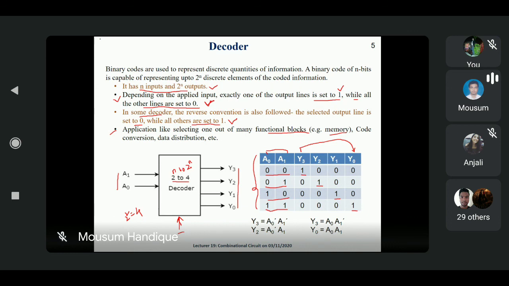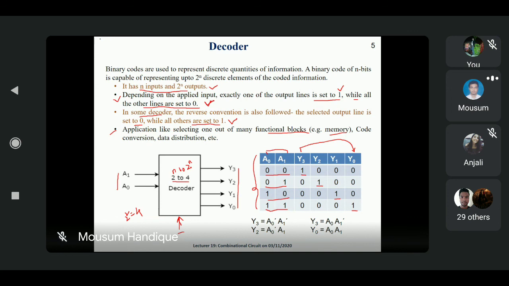When we are implementing one particular decoder with many decoders, suppose we are using 1 decoder, 2 decoders, 3 decoders, many 2 to 4 decoders. This is only one decoder. So suppose we are using 3 decoders. In that situation, if we want to activate only one decoder, this enable line is required.